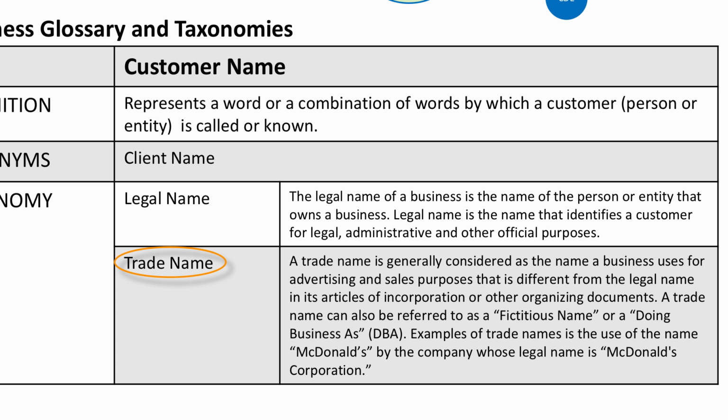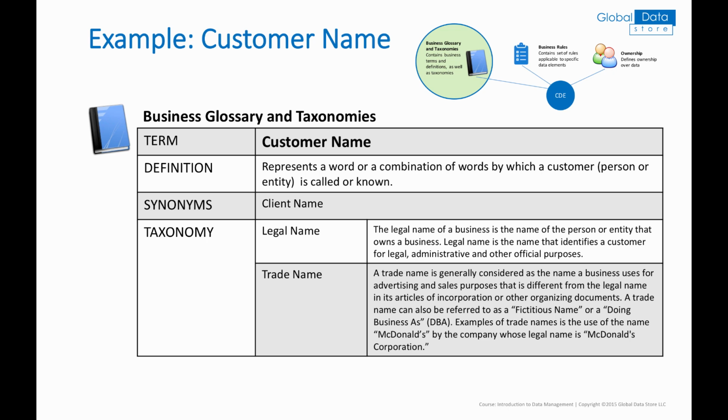An example of a trade name is the use of the name McDonald's by the company whose legal name is McDonald's Corporation. With business term, definition, synonyms, acronyms and taxonomies, we have covered the glossary part of the business metadata.